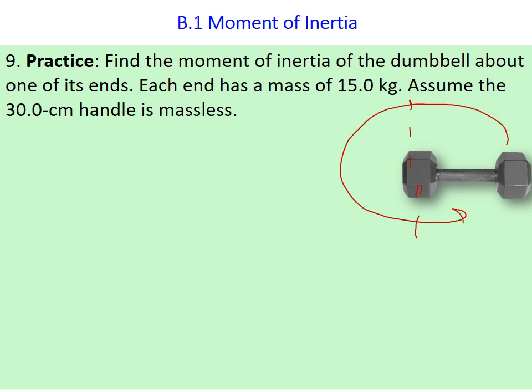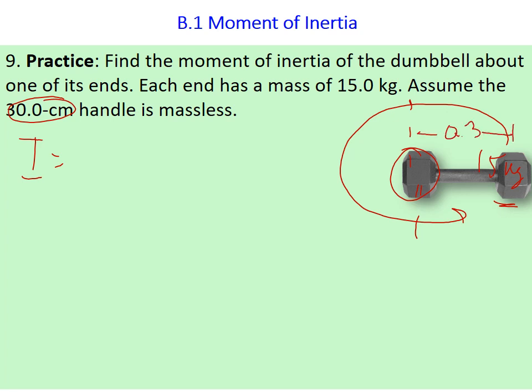So let's calculate the moment of inertia. Right now, this end right here is a distance of 0 meters from the axis of rotation. So it does not affect the object's moment of inertia. Instead, the only thing that affects it is this 15 kilogram end. It is not 0 meters from the axis of rotation. It is the full 0.30 meters from the axis of rotation.